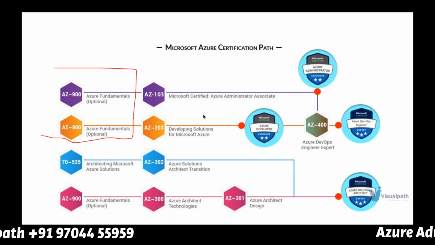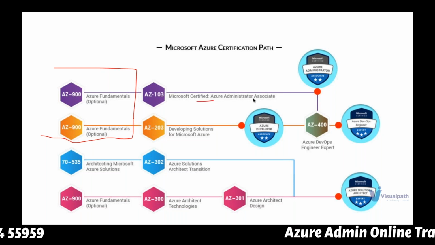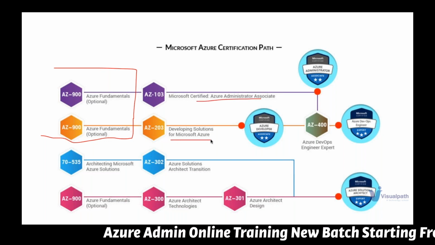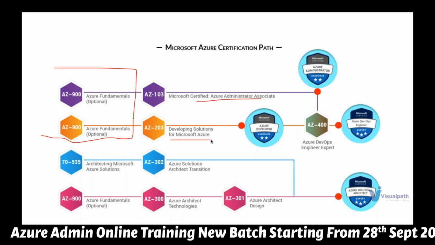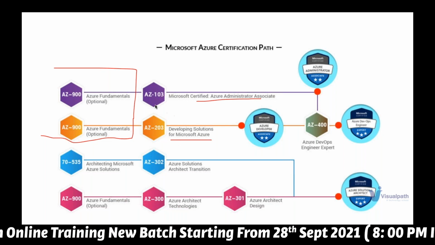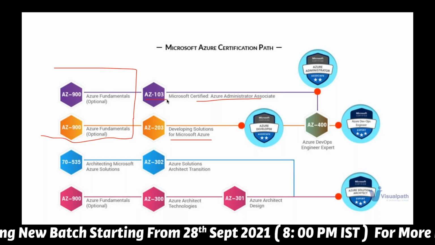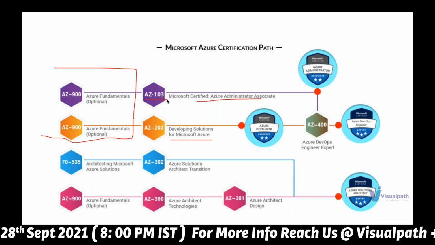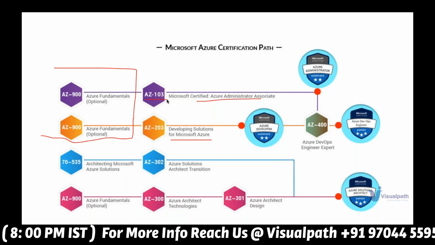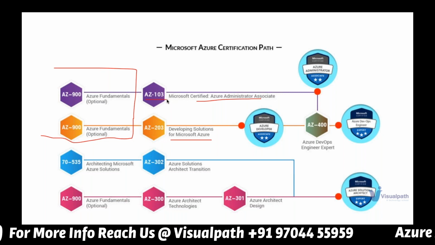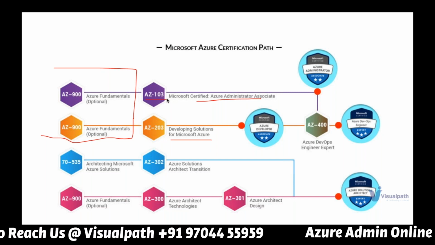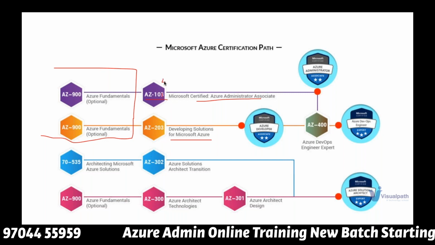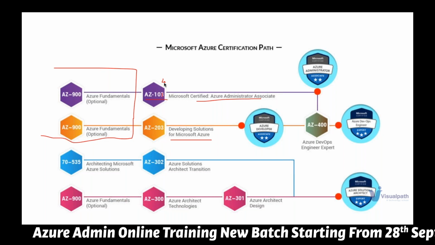And there are two main tracks. One is the Azure Administrator, and the other one is the developing part. Right. So basically, here we are looking into the Azure administration. So AZ103 was the earlier paper code for Azure admin, and since last year or this year, we can say it has been released as AZ104, which is the updated version of the AZ103.